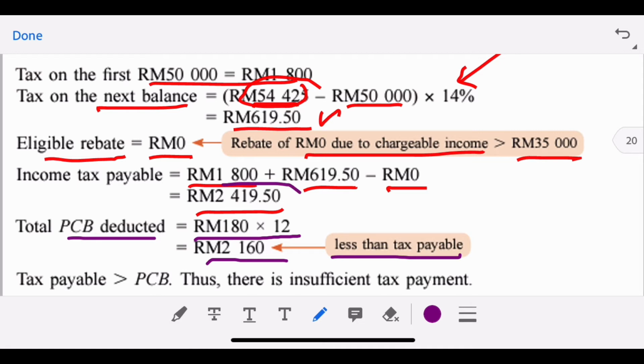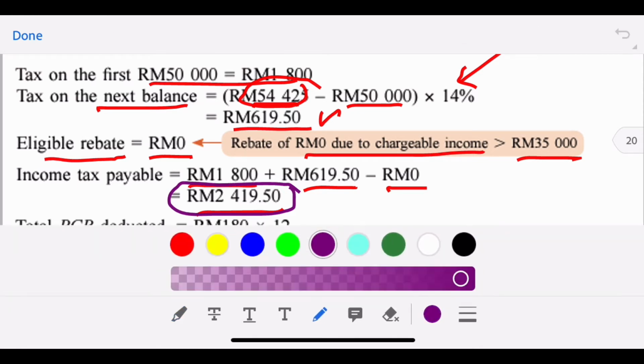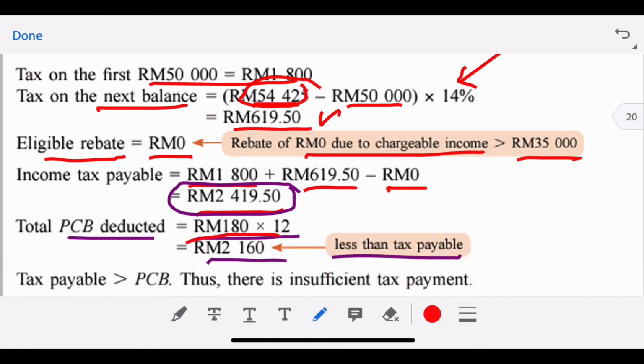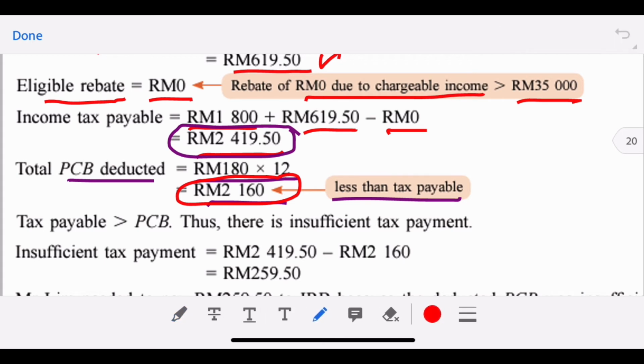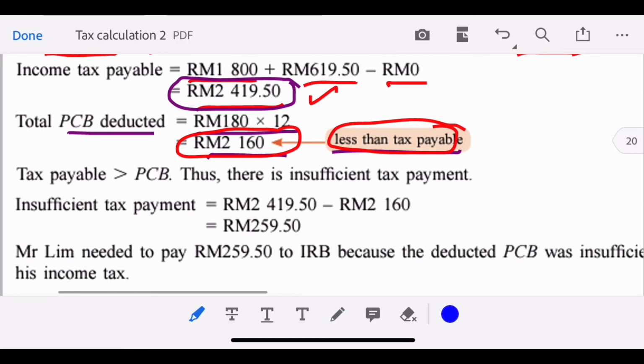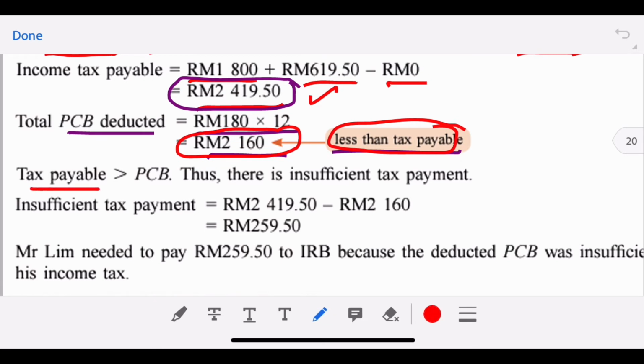Tax payable is 2,419.50, and then the tax deducted according to PCB is 2,160. So it's less than the tax payable. Because the tax payable is more than PCB, thus there is insufficient tax payment.